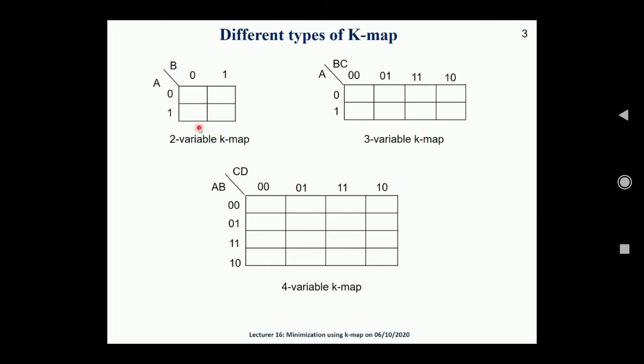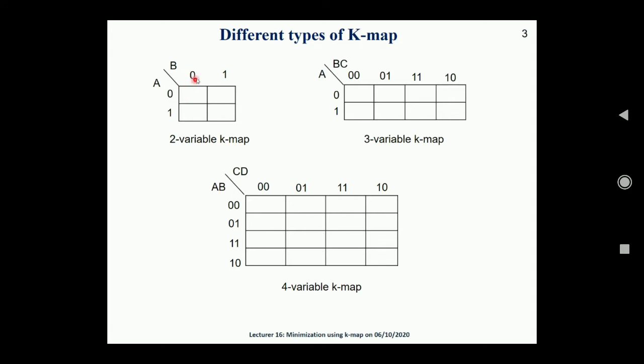Now, the main thing is how to construct this particular table. 2 variables means here we are using only A and B. This particular 0, 1 lies in B, and this vertical 0 and 1 lies in A. If we are considering this one, what is the value of AB?